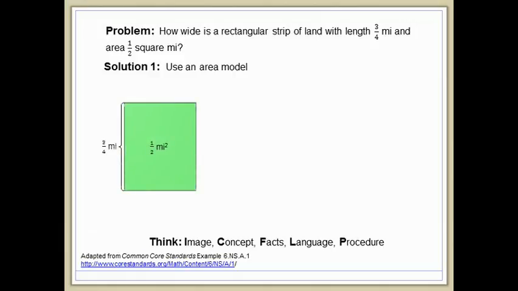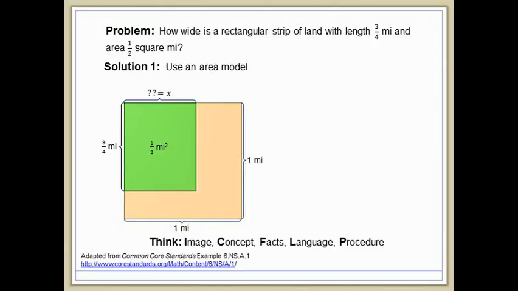Here's our land. It's got a side length of 3/4 mile, and it's got an area of 1/2 square mile. And what we're after is the length of the other side, the width, which we call it. So we'll start by looking at this in reference to 1 square mile, since that's our nominal unit here, a mile.